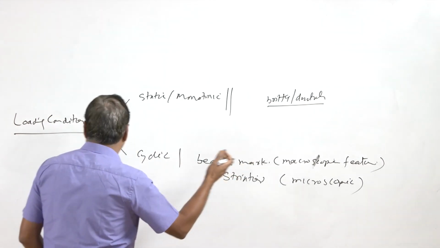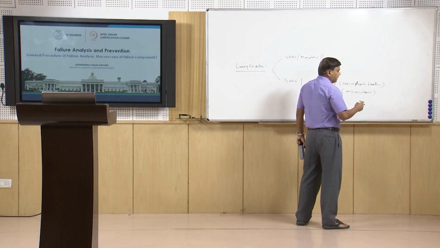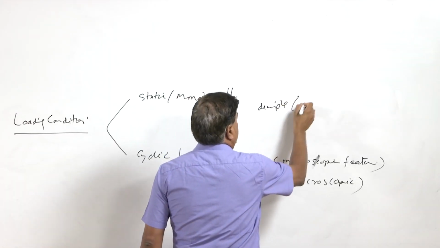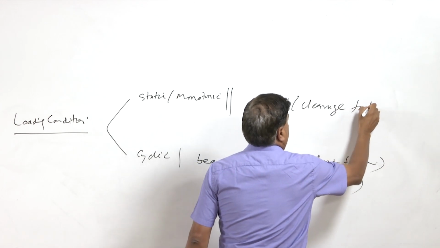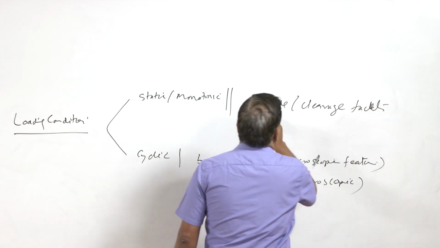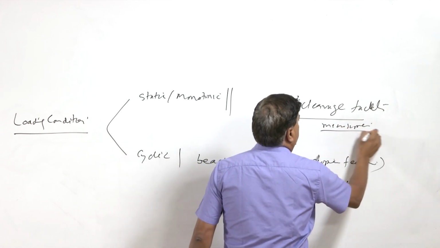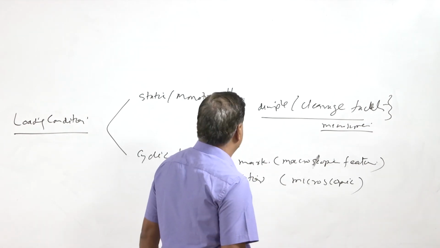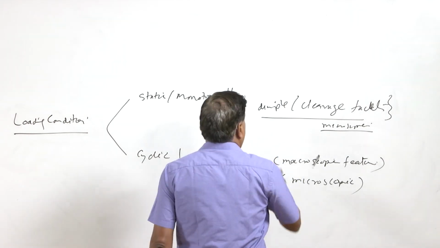There are other microscopic features which are used to define if the fracture has occurred, either like dimples or the cleavage facets. These are the microscopic features which will indicate that the loading has been monotonic, leading to either ductile or brittle fracture.